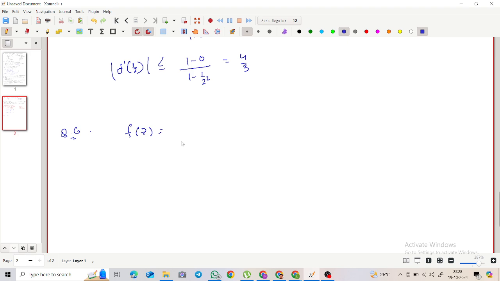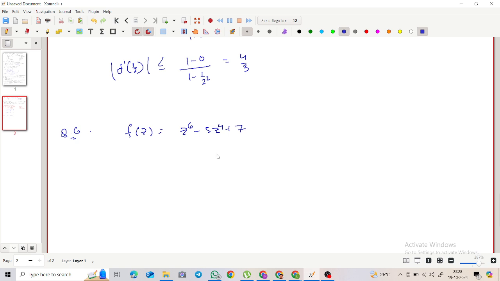Z to the power 6 minus 5 z to the 4 plus 7. And what are the options?